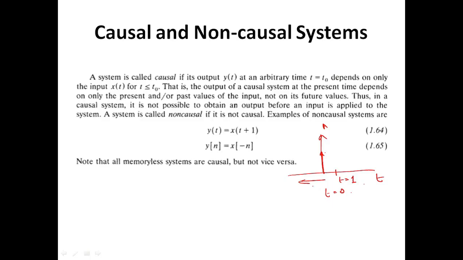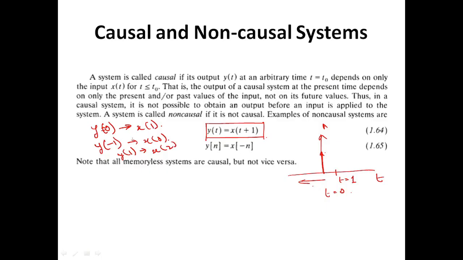Over here, if you see, two equations have been given. For the first, when t is 0, for y of 0 we get x of 1. y of -1 means x of 0, and y of 1 means we have x of 2.